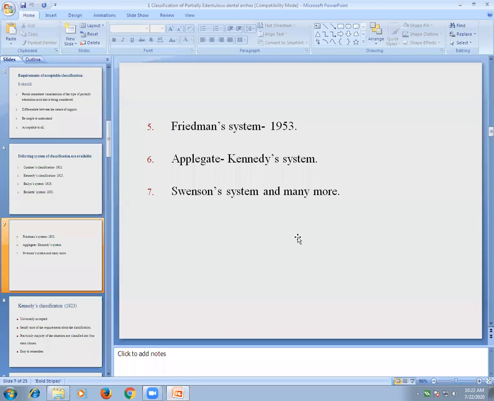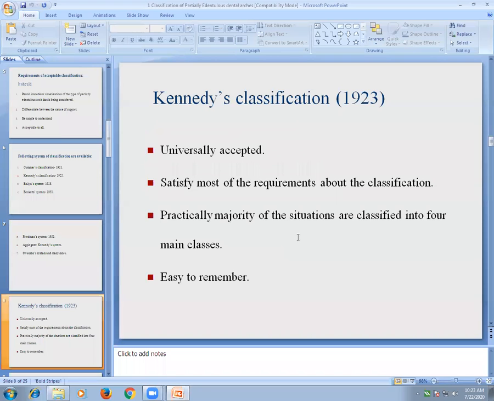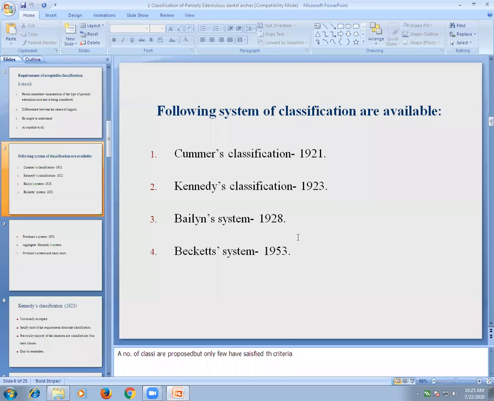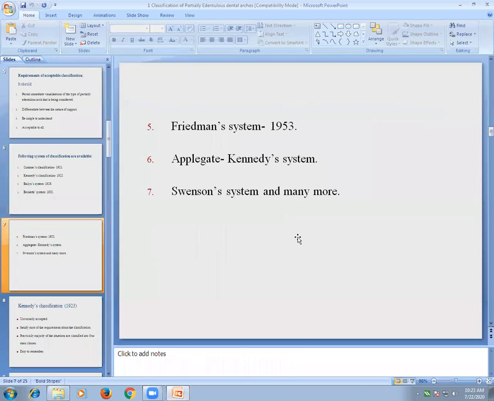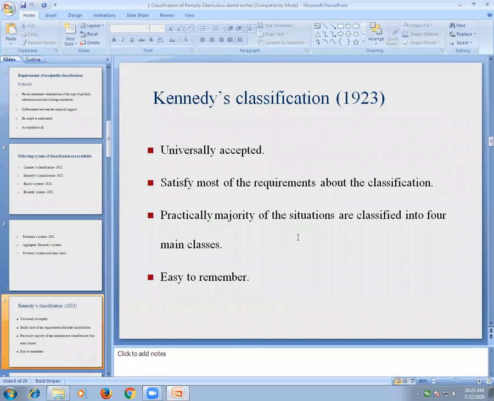Then Applegate's modification of Kennedy's system came, and then the seventh is Swenson's system and many more. These are the main systems. Just remember these names: Cummer, Kennedy, Bailyn, Beckett, Friedman, Applegate, and Swenson. Now, the main part is Kennedy's classification. It is described in detail, and from the exam point of view it is important to study.